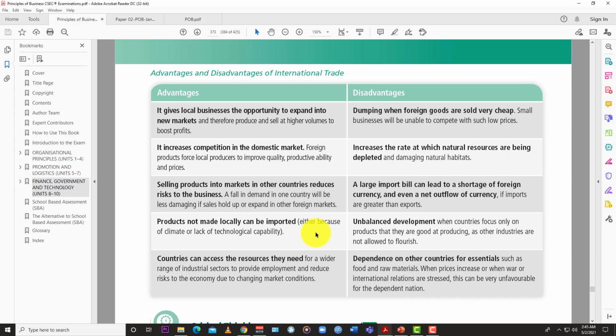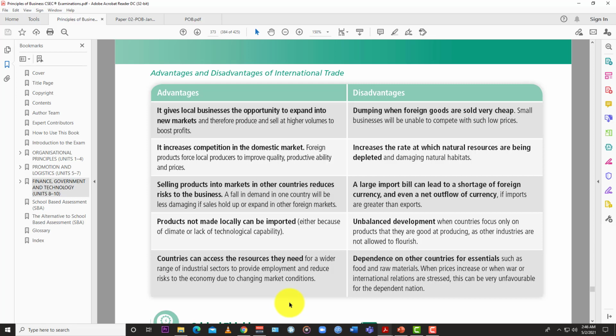But what if we were not engaged in international trade? Then you would have no access to these other types of resources that we cannot grow homegrown. And then countries can access the resources they need for a wider range of industrial sectors to provide employment and reduce the risk to the economy due to changing market conditions. And so because you're engaged in international trade, you can have access to a wider range of resources.